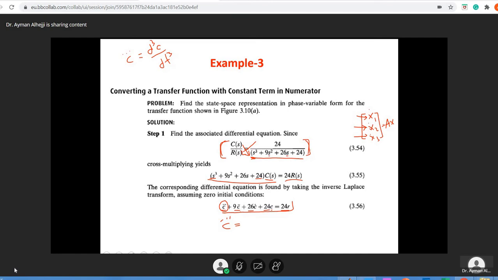All these parts go to the other side, right? So you will have 24R minus 9C double dot minus 26C dot minus 24C.